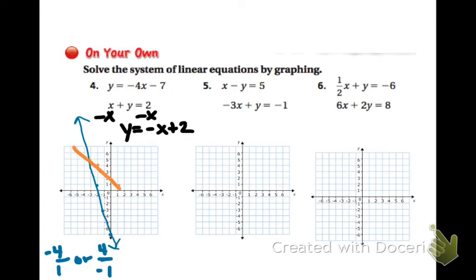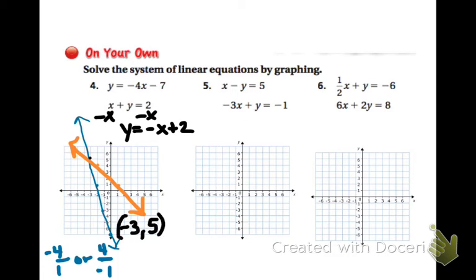Okay, so I'll do my best to draw the straight line, and then I name that point where they intersect, okay, and it looks like they intersect right there. Okay, and that point is -3, 5. So the point of intersection for number 4 is -3, 5.